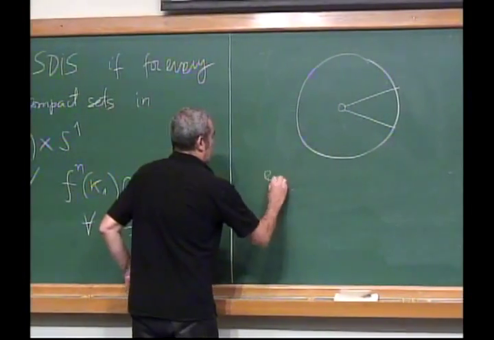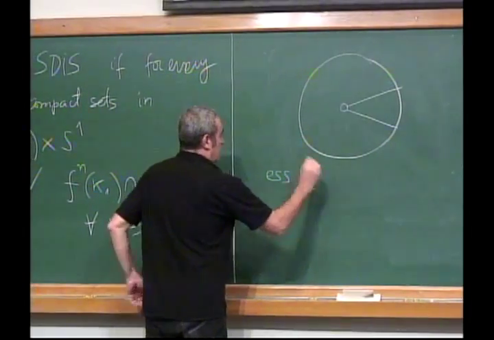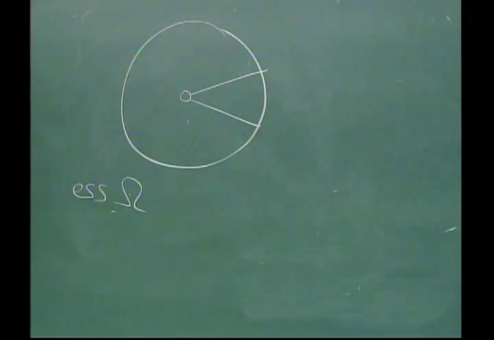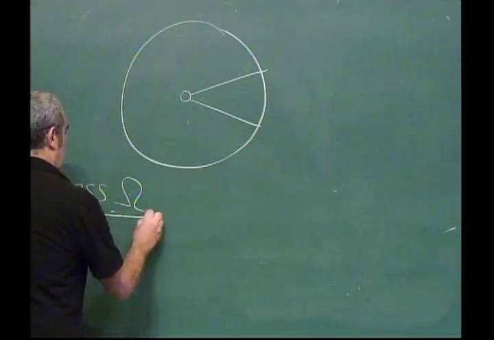I'm talking about essential non-wandering points, which come from regions in which the map is not a homeomorphism. Let me define this.